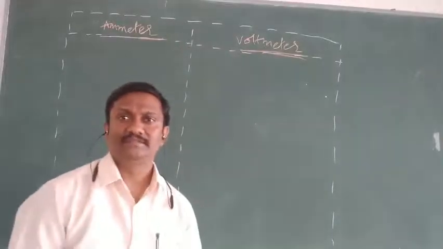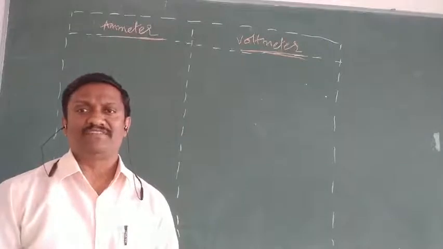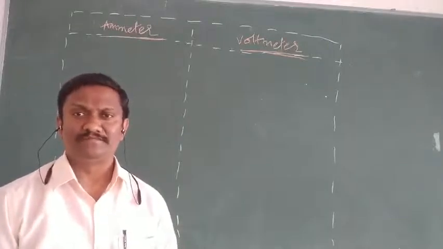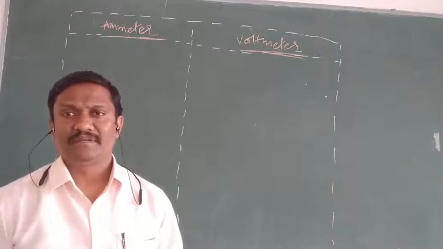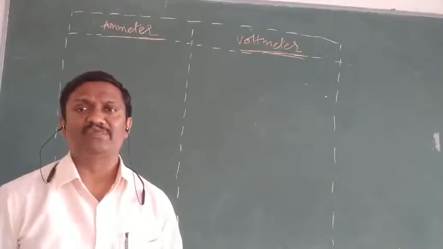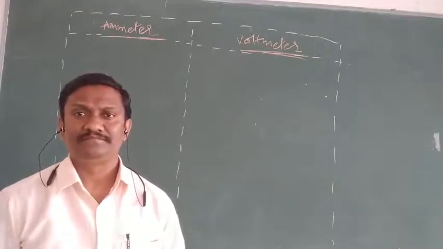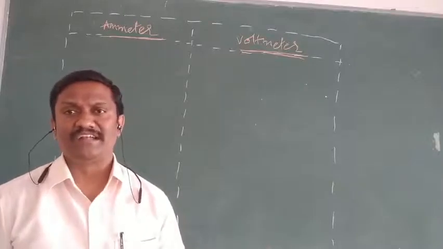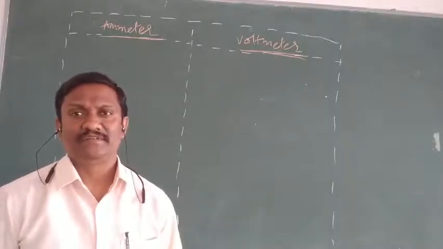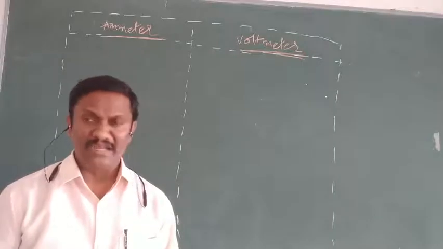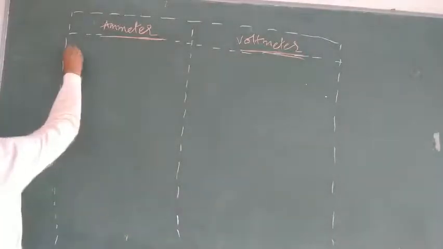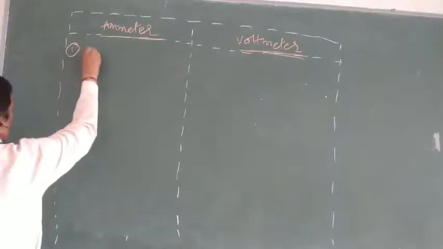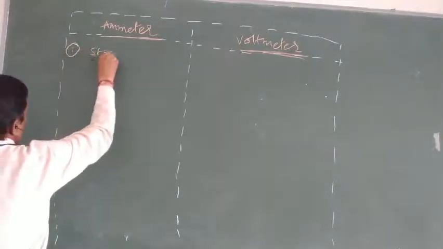Next, after the conversion of a galvanometer into an ammeter and voltmeter, next is the comparison, or differences, between an ammeter and a voltmeter. Left side ammeter, right side voltmeter. What are the differences between ammeter and voltmeter? The first one we know. An ammeter is a device used to measure the strength of current.